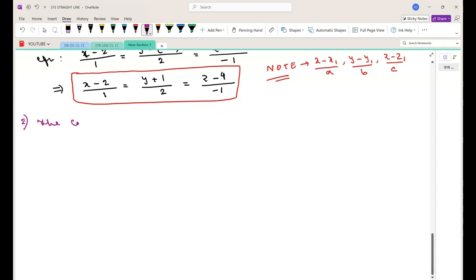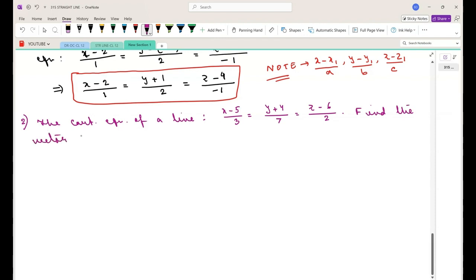The Cartesian equation of a line is given: (x minus 5) by 3 equal to (y plus 4) by 7 equal to (z minus 6) by 2. This is given. Find the vector form of the same line. Okay, so that's the equation.